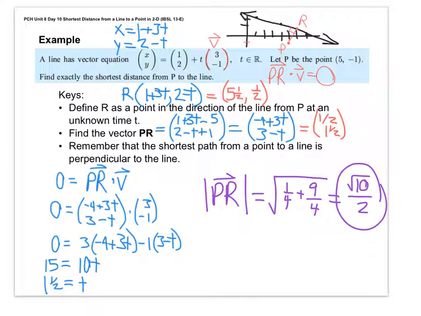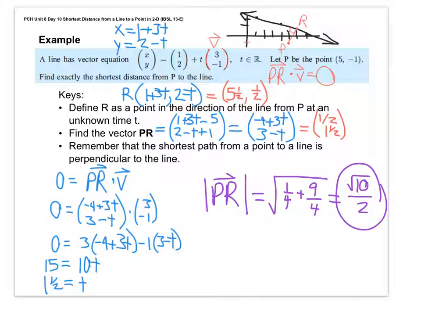Now that seems like it took a long time. For one thing, once you get the hang of it, this really goes quickly. For another thing, our only other alternative would be, first of all, recognize the velocity as a slope, then take the opposite reciprocal slope, then find the equation of the line through the 0.5, -1, then intersect it with the current line that we have, then, once you have the intersection point, you could find PR, and then you would find the magnitude.